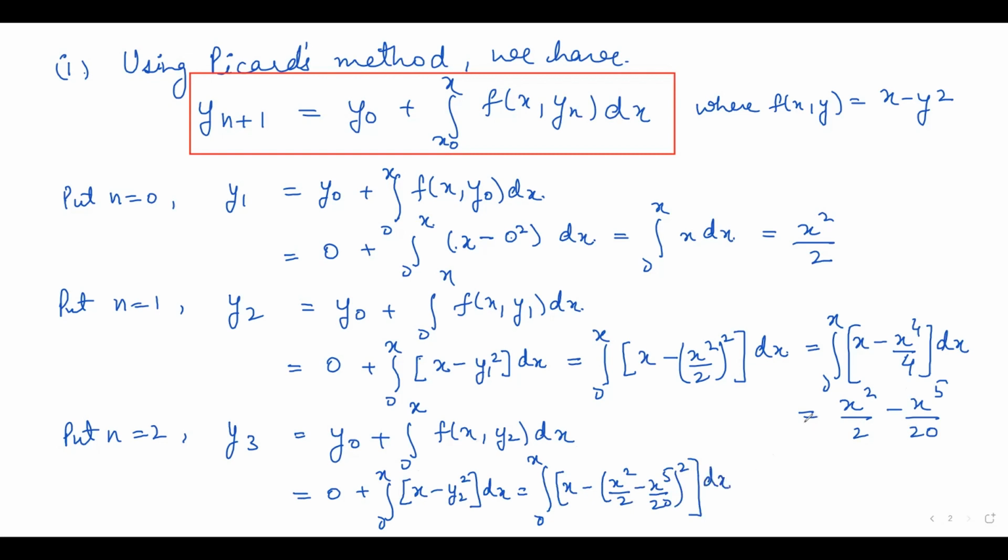After this, I'll just write the answer because I don't have the space here. That would be x to the power 11 upon 4400, and x to the power 8 upon 160, along with the earlier terms. So this is what I'm getting as my y3. Now, I hope this point is clear enough. We just need to follow Picard's method rule and find out the values of y1, y2, y3.